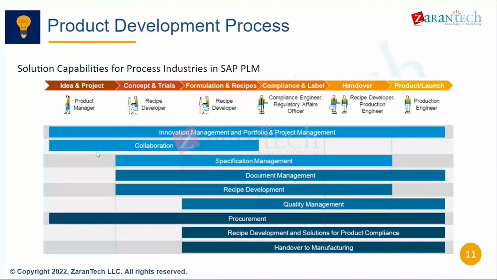Collaboration is where the product manager and the recipe developer can track in case any raw material or components are supplied by any supplier, like how you do in Ariba or in any non-SAP system. Suppose there are n number of suppliers who supply the raw materials or semi-finished goods or intermediate products to a manufacturing company that is using an SAP system.